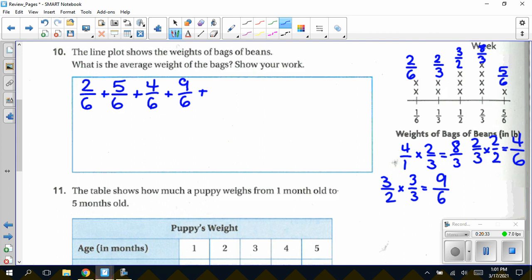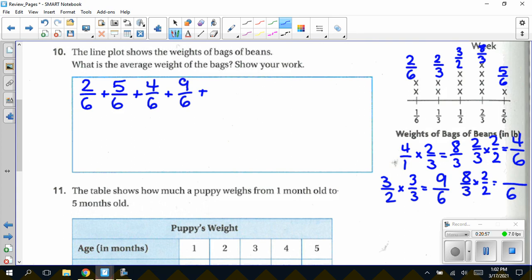Plus, I have to do the same thing for the 8/3. Again, it's an improper fraction, but that's okay. So having the denominator of 6, I have 3 times 2 equals 6.